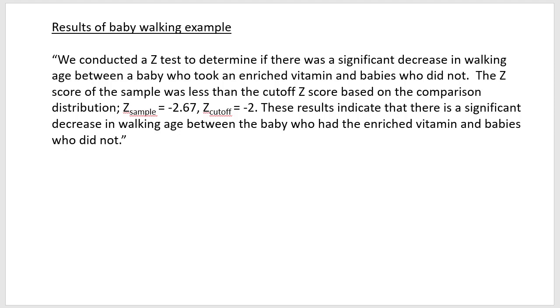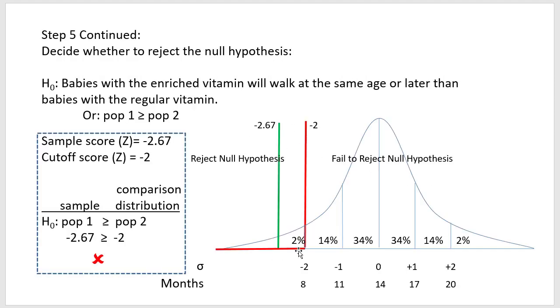Going on in the chapter, it's worth noting that the example that we just did was called a one-tailed test, meaning that we were interested in a significant difference in only one tail. We were only interested in knowing if our results were significant below one cutoff value. There are other examples that we will use that have an interest in the positive tail or in both tails at once.